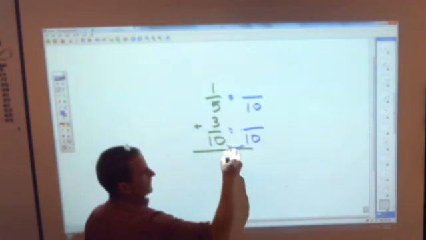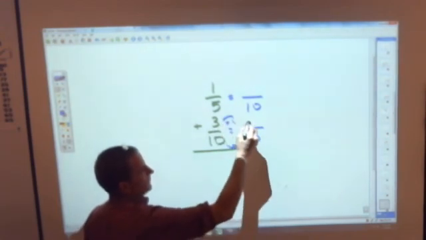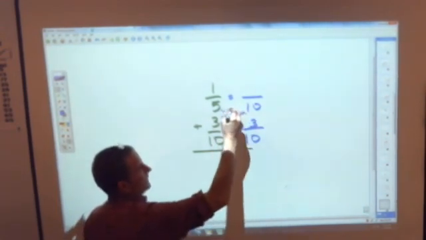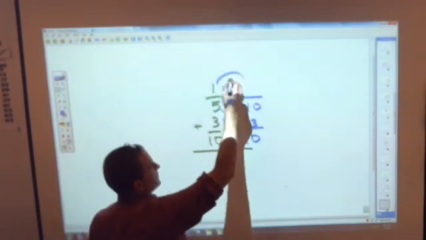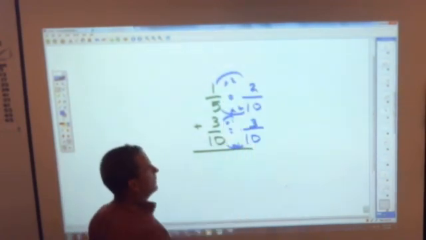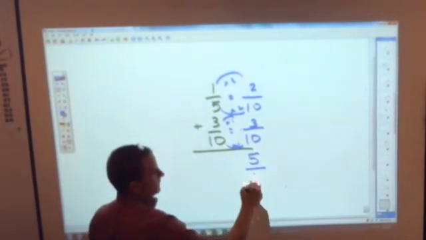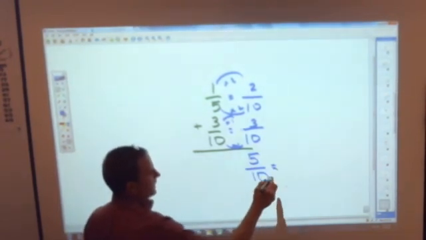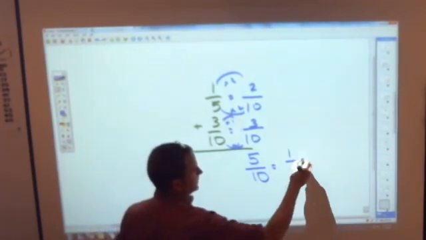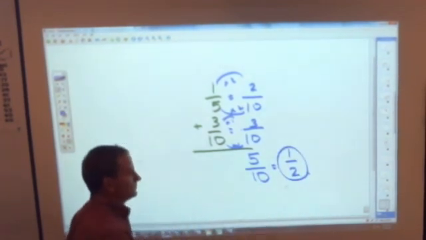This one you don't have to change, it's already the same, so it can stay 3 on top. 5 times 2 is 10, so 1 times 2 is 2. What is 2/10 plus 3/10? 5/10. And if I simplify that, that is 1/2.